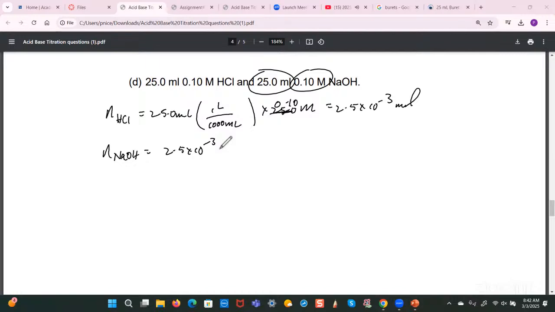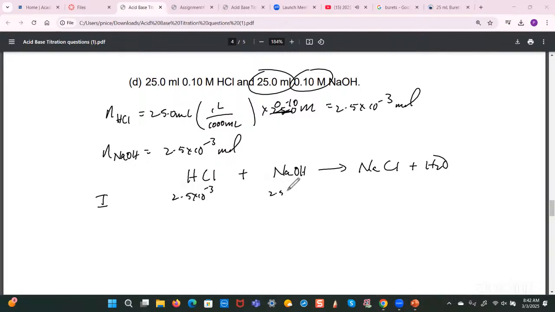right? So we set up our ICE table. Of course, we have to write down the equation. All right. And then we start off with the initial row, which would be 2.5 times 10 to the minus 3, 2.5 times 10 to the minus 3, and this would be 0. Don't need to worry about the water. And then what happens as far as the change is concerned? Well, this is where we're talking about the stoichiometric equivalence, right?